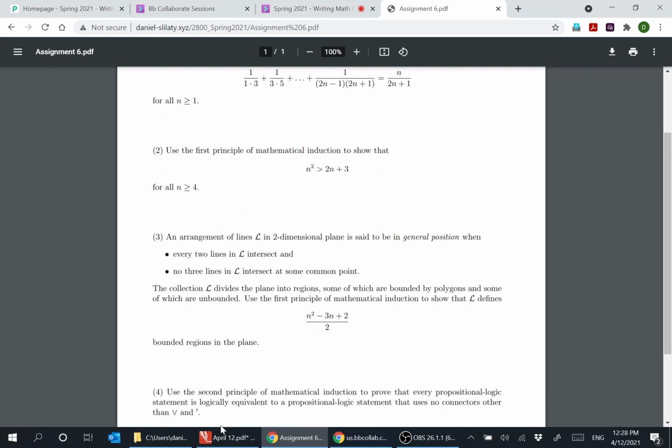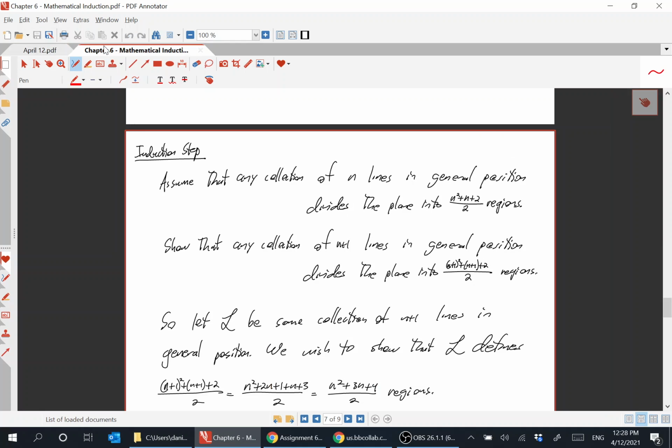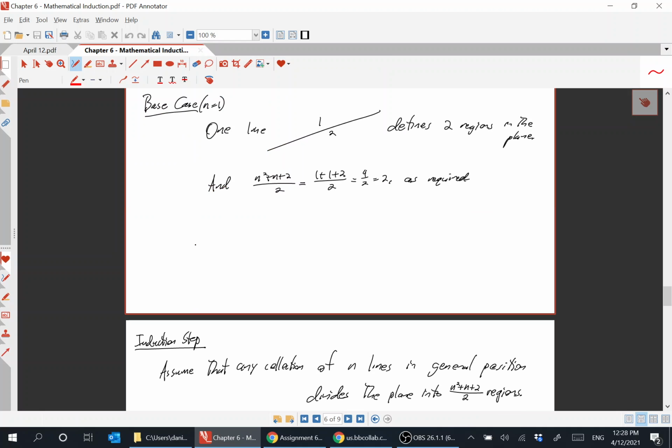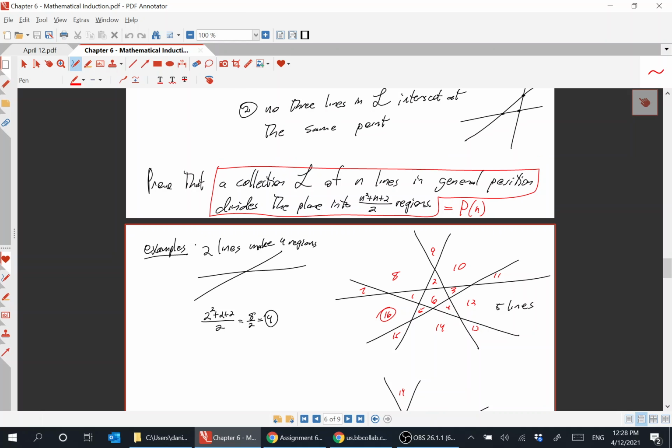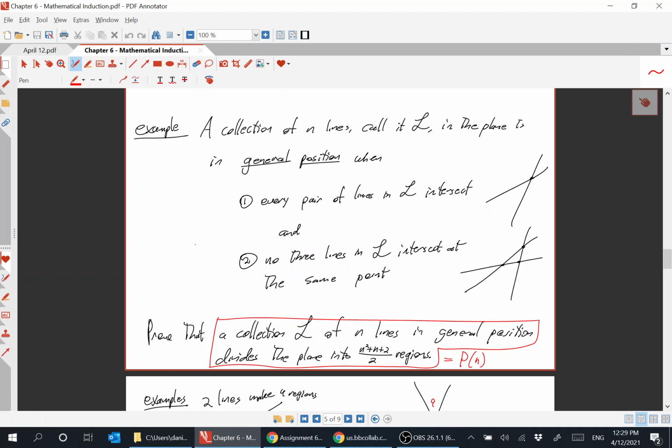All right, so last time we went over this problem that we were proving using the first principle of induction.